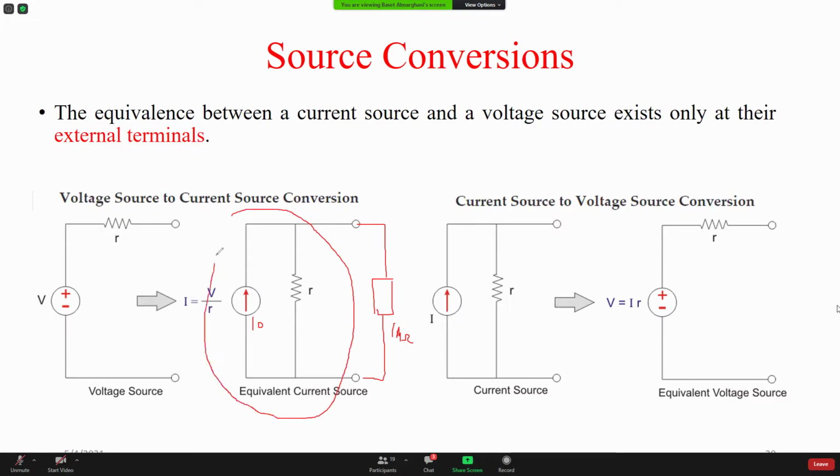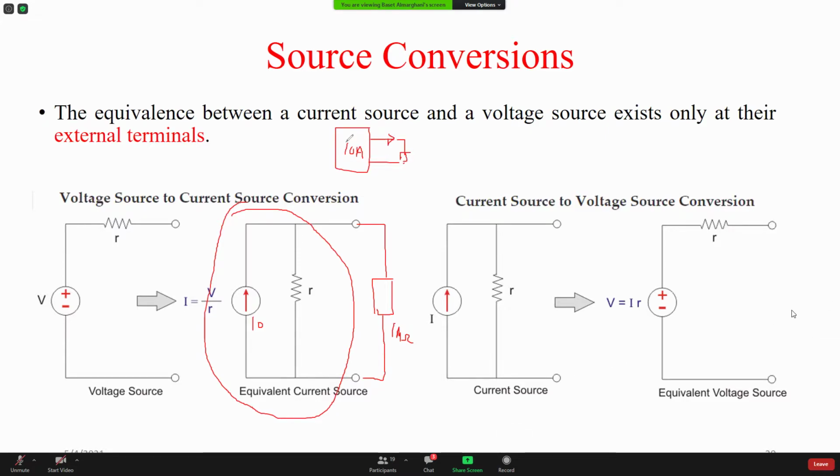When you load it, it's going to give you something less than 10. Depending on the load, it can give you something very close to 10, but if the resistance increases, the current will be less.